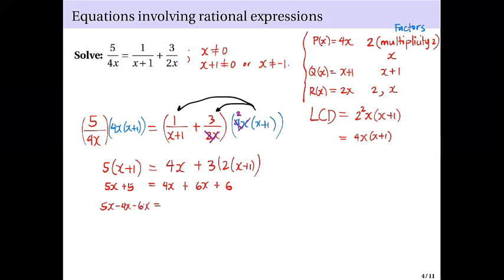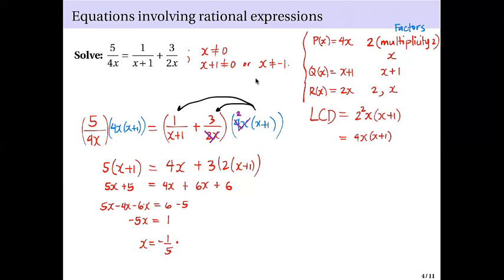This is equal to, and then here you have 6 minus 5. So on the left-hand side, we have negative 5x. On the right-hand side, you have 1. And therefore, your x is equal to negative 1 over 5.